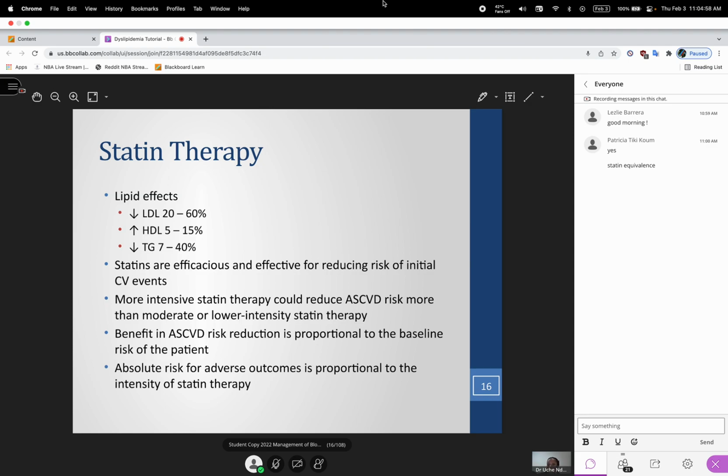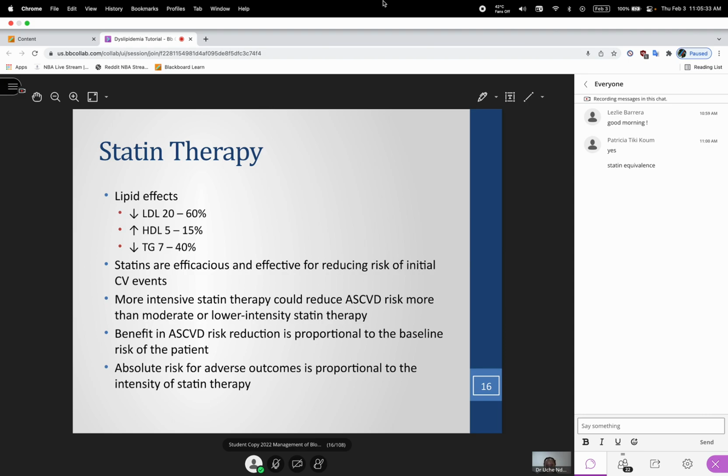Okay, sorry about that. So please be sure you know that statins do decrease triglycerides 7 to 40%. So if a patient needs their triglycerides decreased, but they don't have triglycerides greater than 500, statin therapy is a better option than the other things that decrease triglycerides, because statins will also have the bonus of reducing their ASCVD risk.